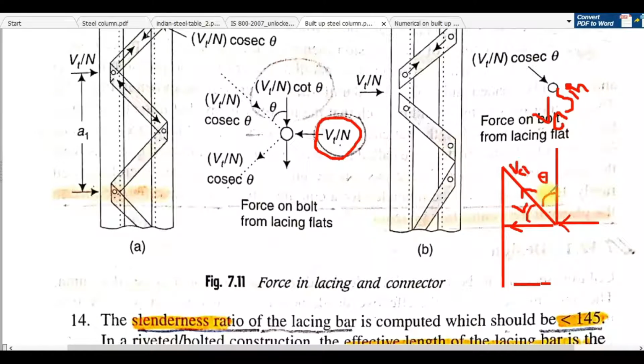The component which is perpendicular, or which is not making the angle, that is the sine component. So Vcl sin theta is equal to this component, that is equal to Vt by n.